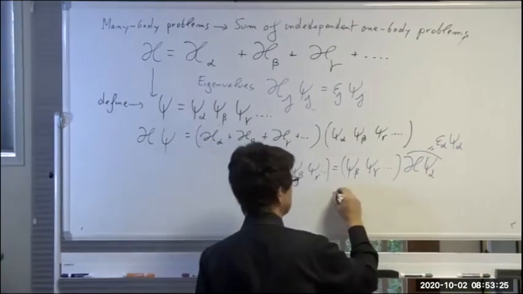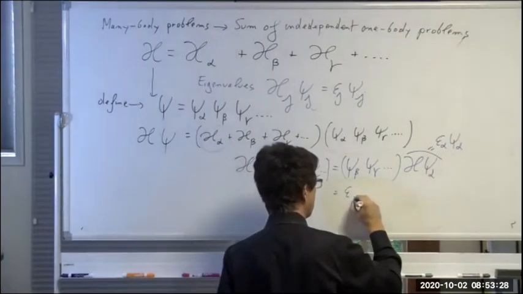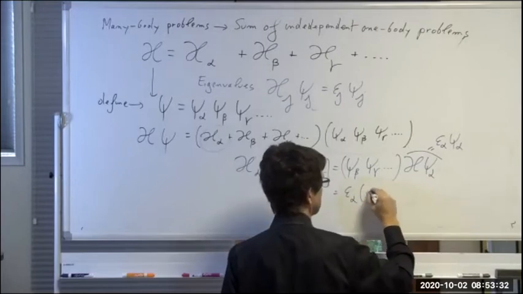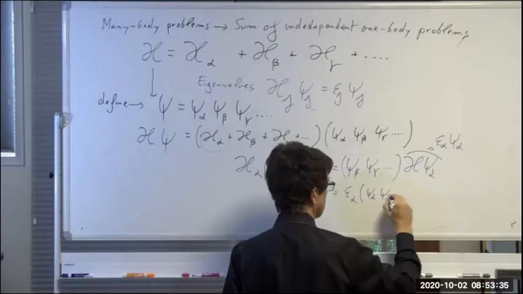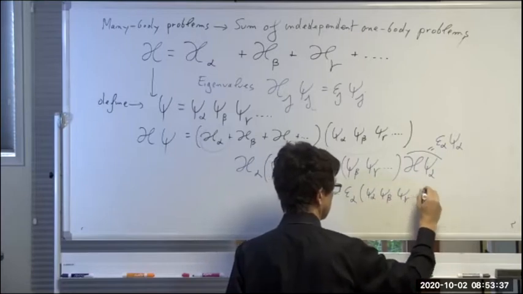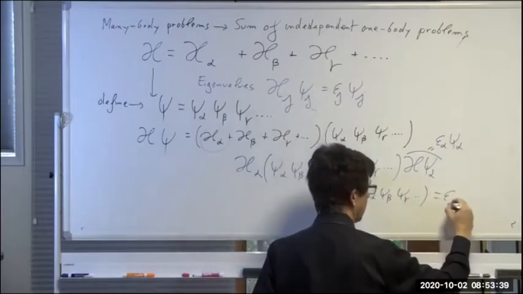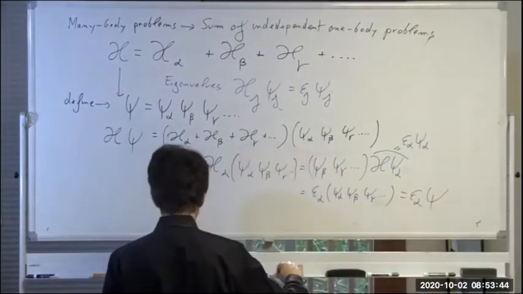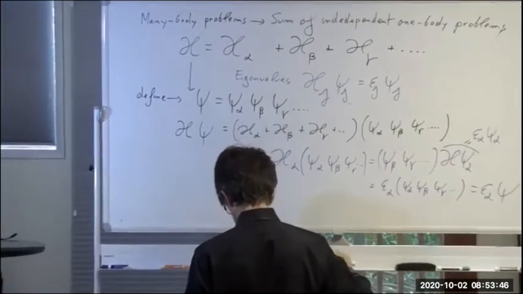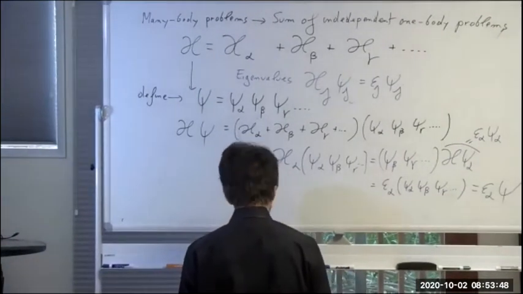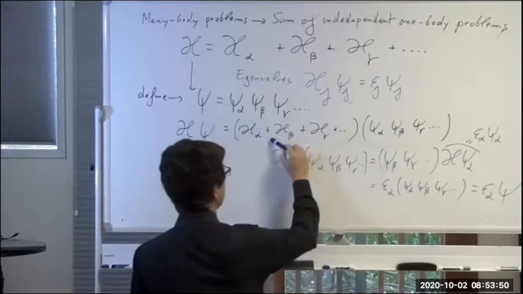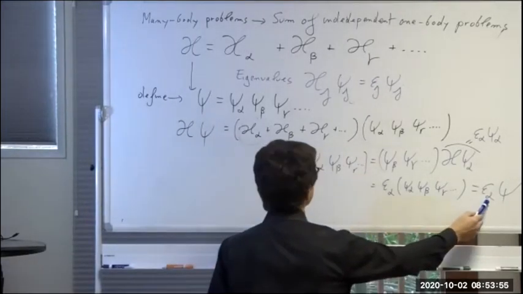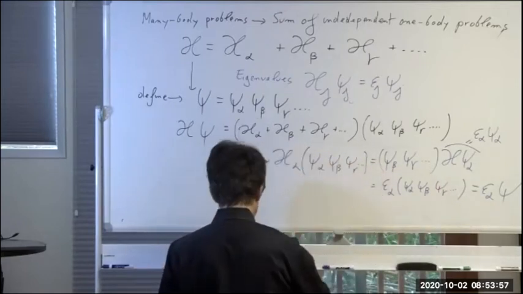So that means this is equal to epsilon alpha times the full wave function. I can do this for every part of this Hamiltonian, and each time I will get the eigenvalue for that part of the Hamiltonian.